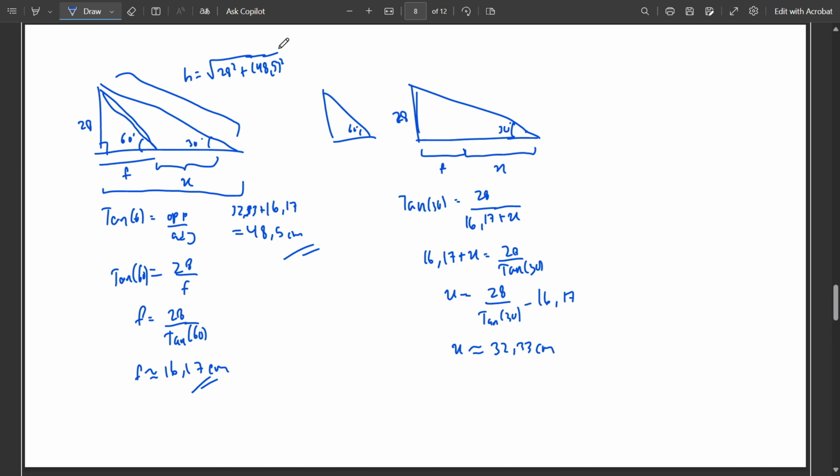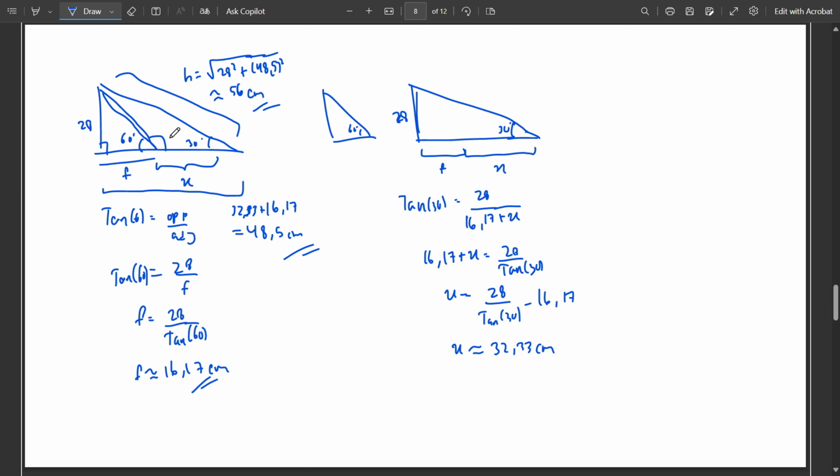Using your calculator, we have 28 squared plus 48.5 squared. Okay, it's approximately 56 centimeters. Okay, nice. Now, what is this angle?